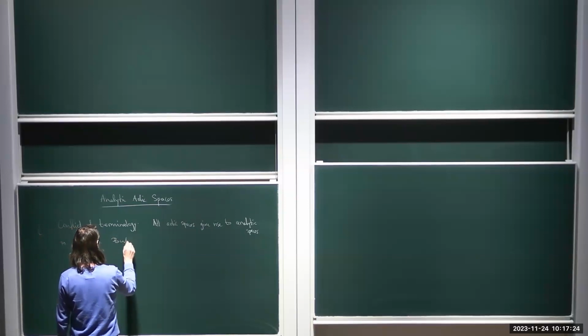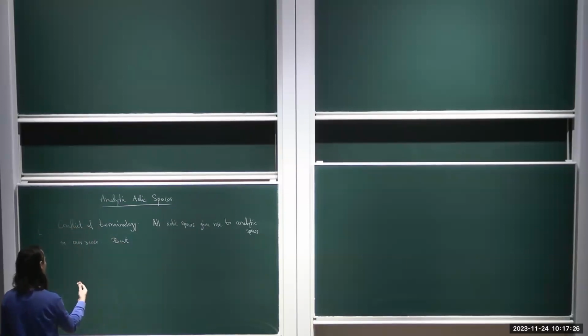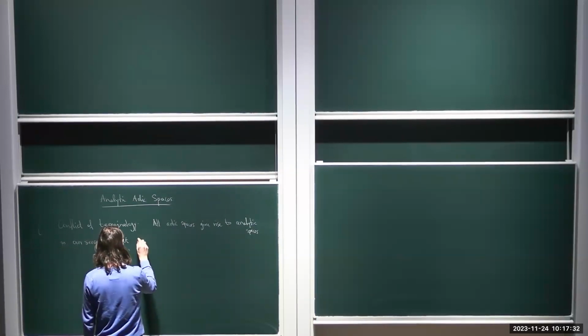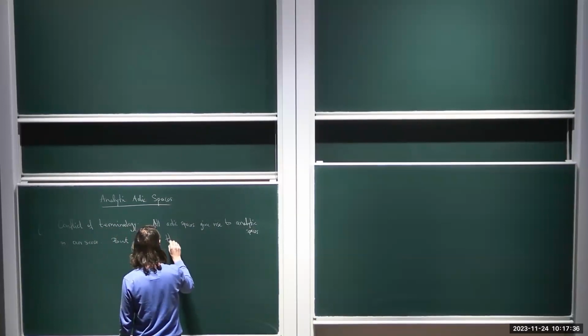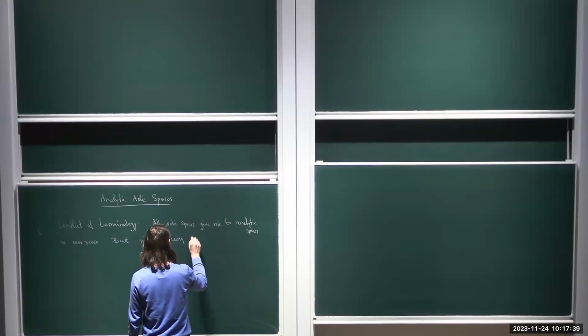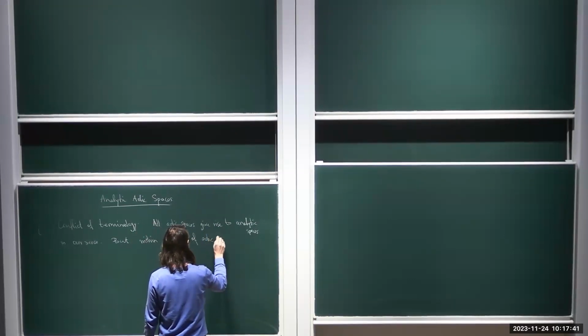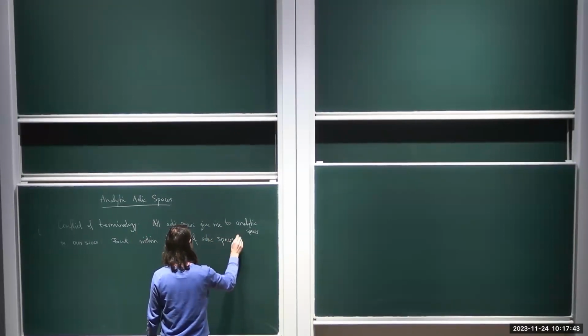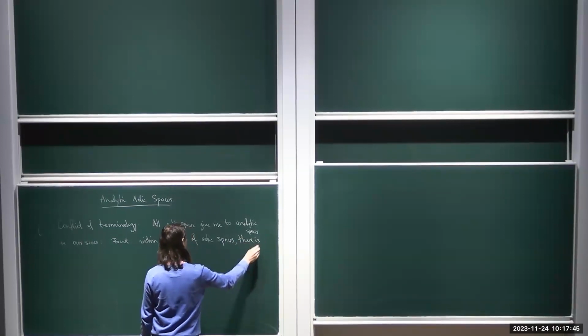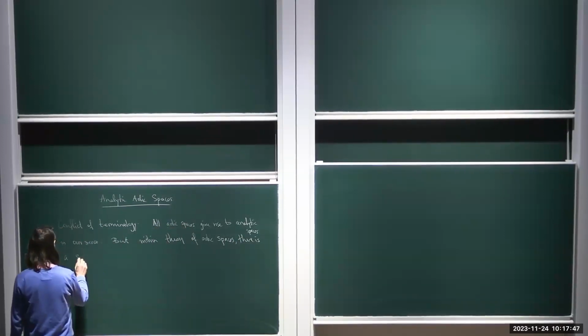But within the world of adic spaces, there was already a qualifier called analytic. Within the theory of adic spaces, there are called analytic ones. What is this?